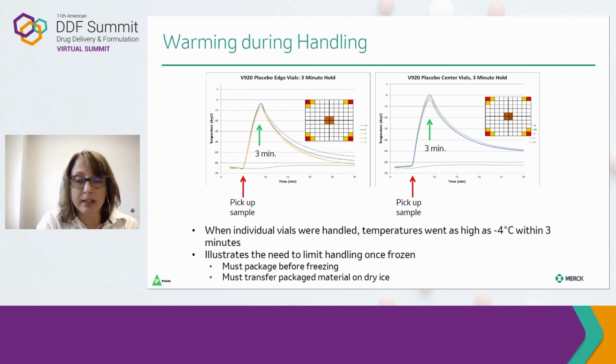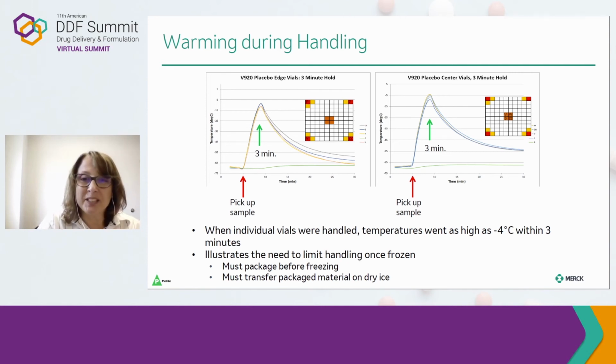So besides labeling before freezing down, we actually even packaged before freezing to prevent having to handle, pick up and move vials around in any way. If you do need to do that, you have to transfer those materials on dry ice, and you also want to limit your time when you're transporting materials between freezers and locations or packing out.